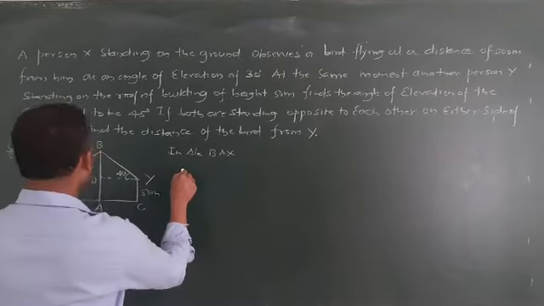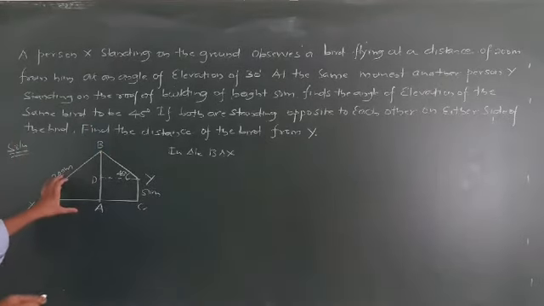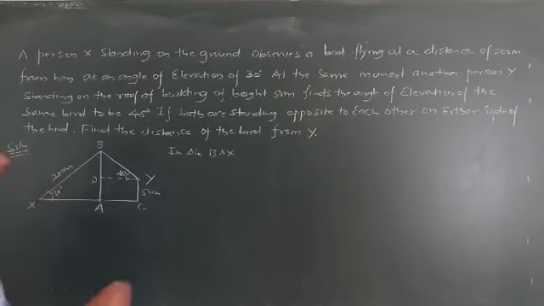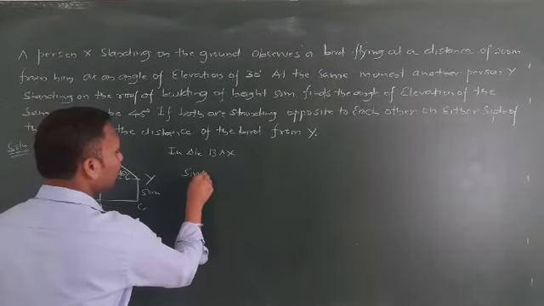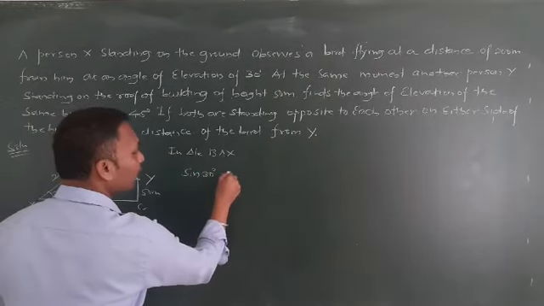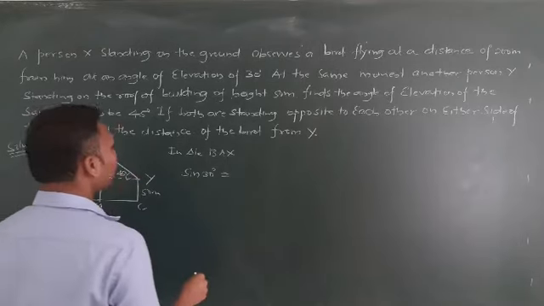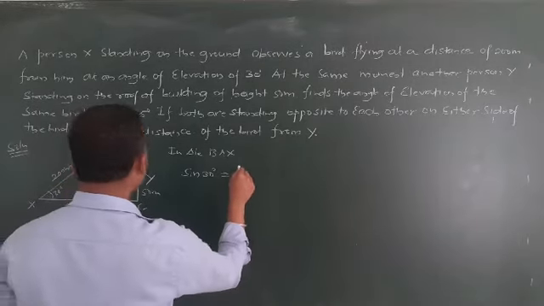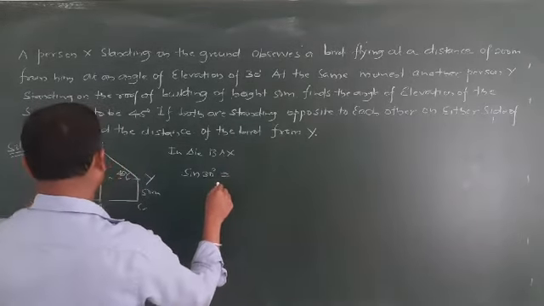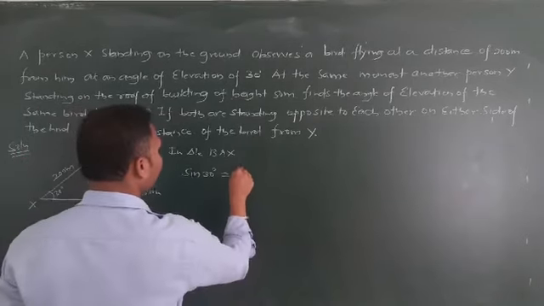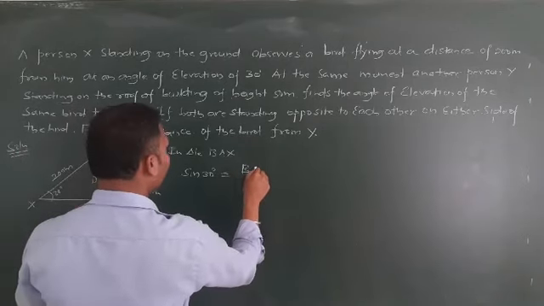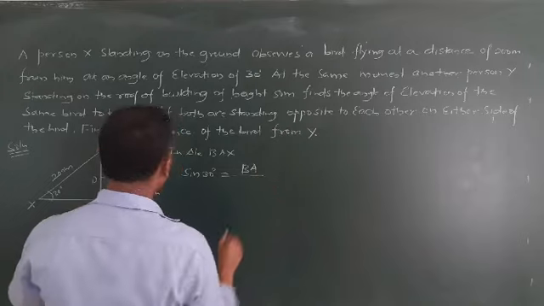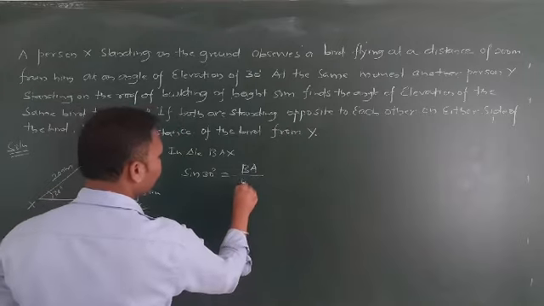Here we have the hypotenuse given, and we need the opposite side. So I will apply sine of 30 degrees is equal to opposite by hypotenuse, which is BA by BX.